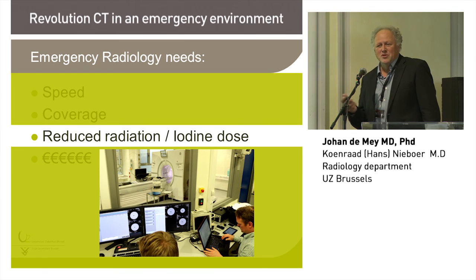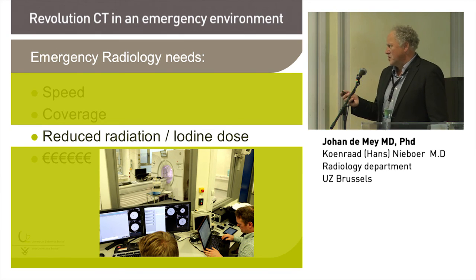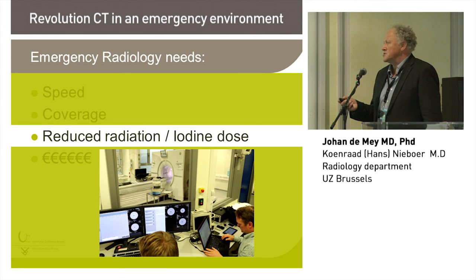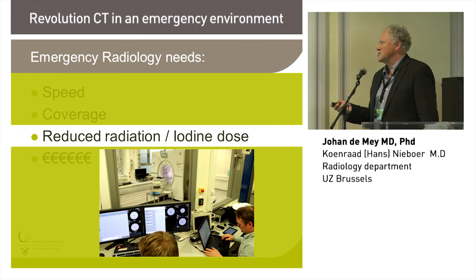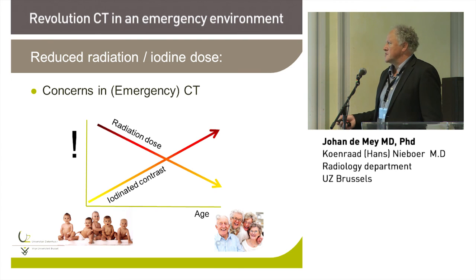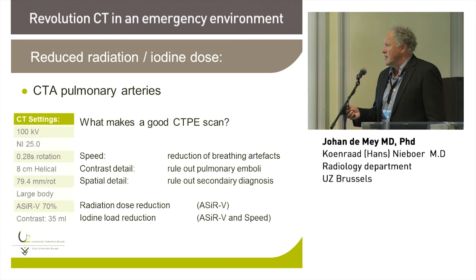And then I would like to tackle another thing, radiation dose, iodine dose. New machines scan faster, and so you can give a lot more radiation. And we all know that younger people, okay, they can have some iodine loads, but watch out with radiation. And elderly people, okay, they can have some radiation dose, but watch out with iodine.